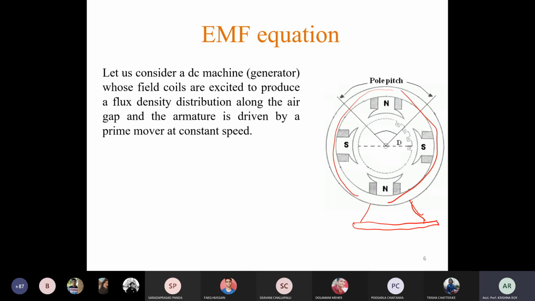This outer part is called the yoke, which is used to carry the flux produced by these field poles. So this is a 4-pole machine. We can see alternate north south poles are there. This type of construction which is having alternate north south poles is called heteropolar structure.